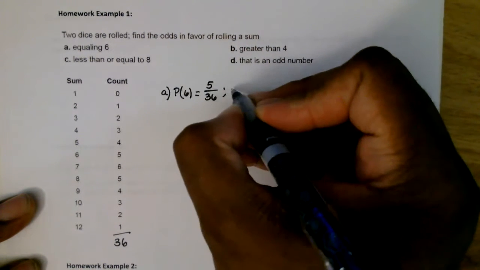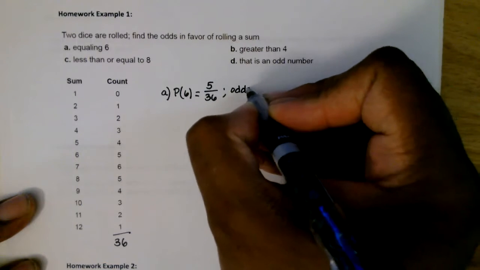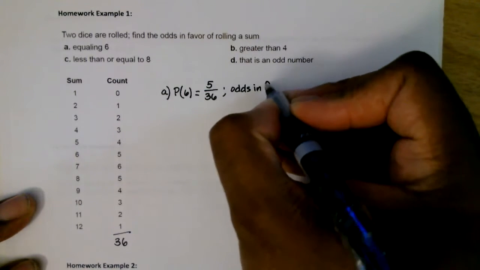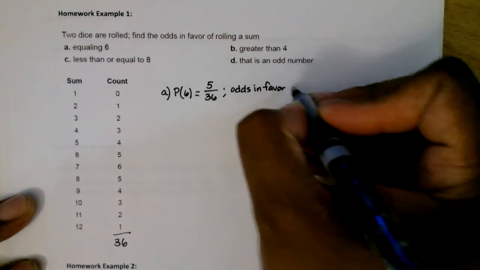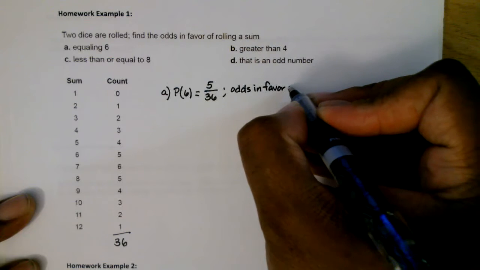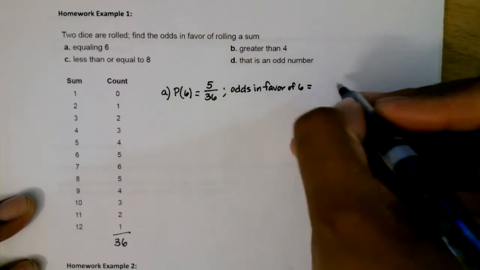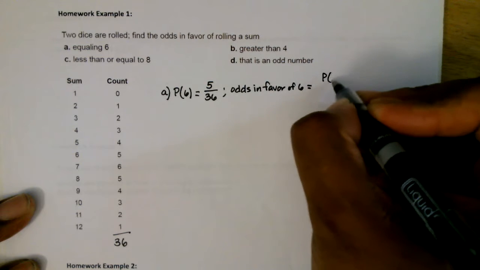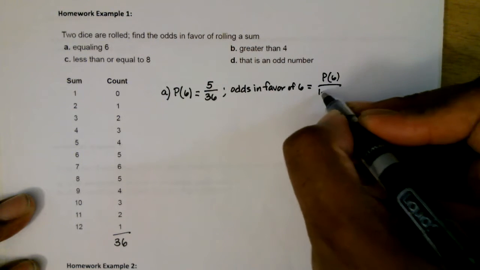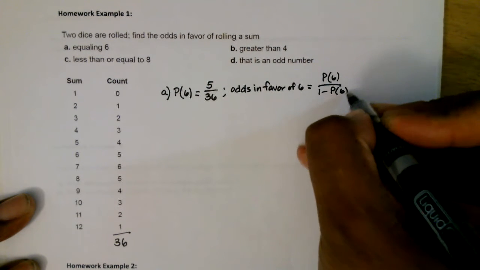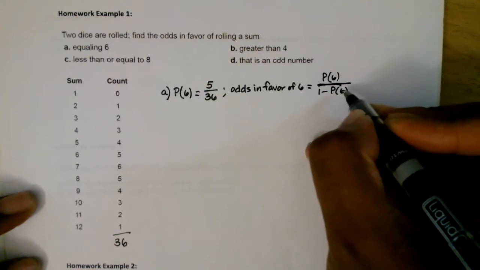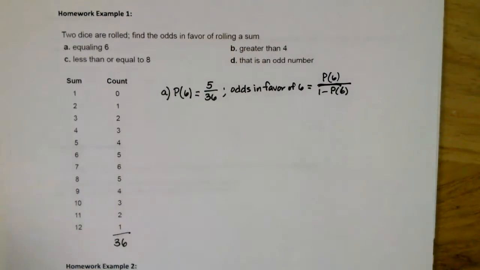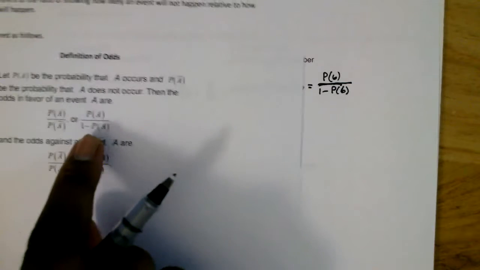And then the odds in favor of a 6 would be this. The probability of getting a 6 divided by 1 minus the probability of getting a 6. So here I'm using this formula for odds in favor.